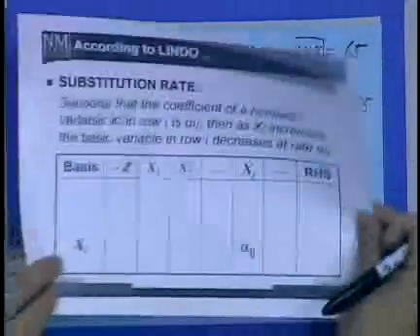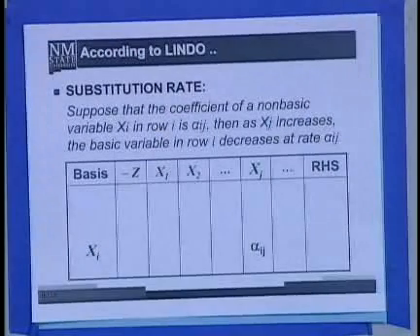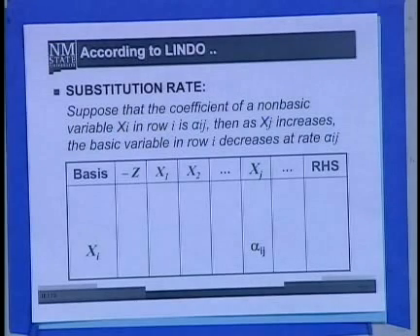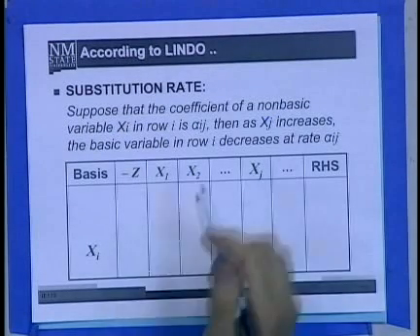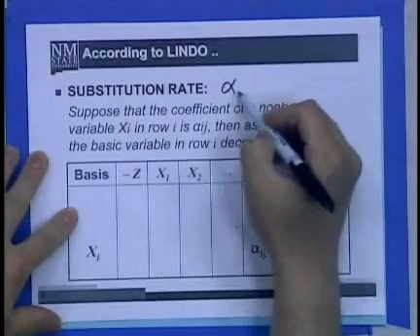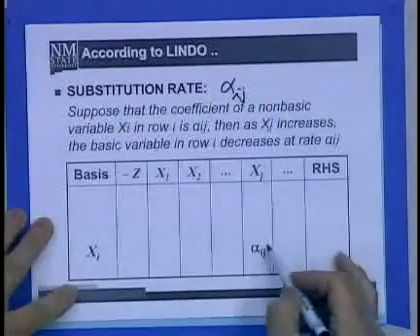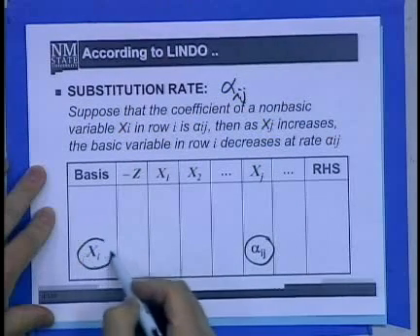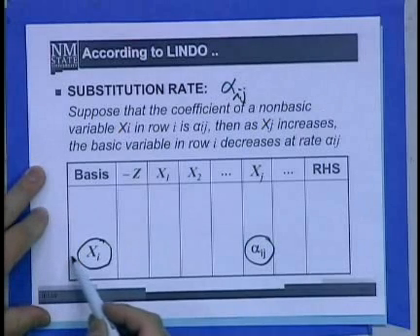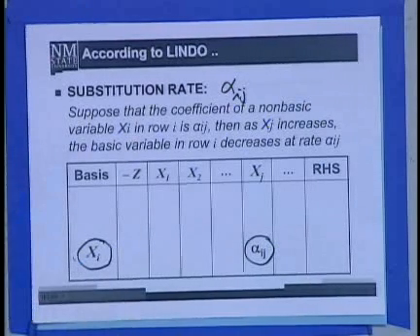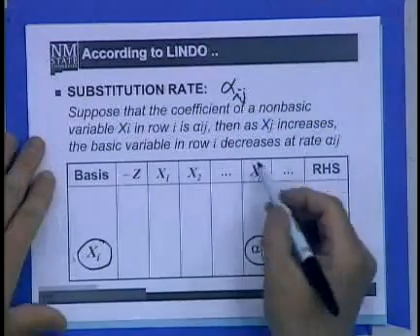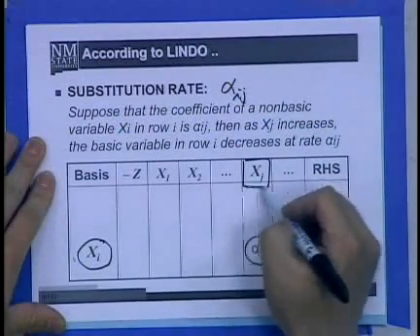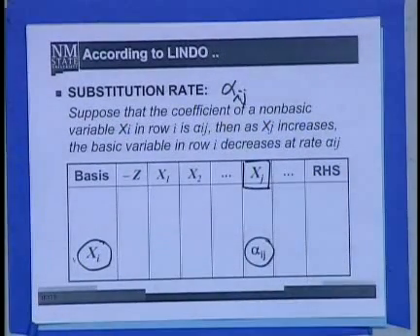We need to look at the substitution rate, right? And the substitution rate, alpha ij, which is this, indicates how much the basic variable x of i in row number i decreases as the non-basic variable x of j increases.